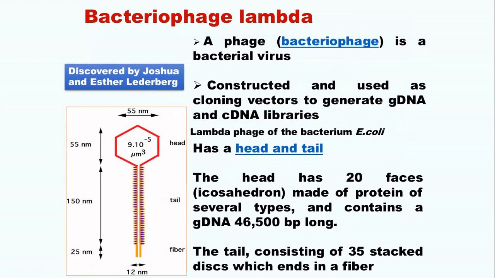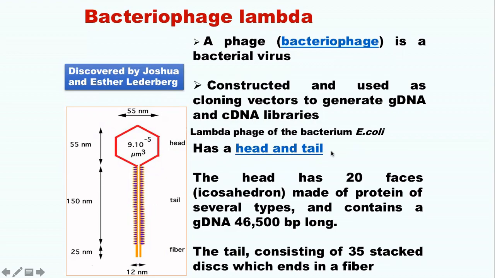Bacteriophages were first discovered by Joshua and Esther Lederberg, and they are mainly of 2 types, the lambda phages and the T phages. These are bacteriophages which infect E. coli, or Escherichia coli. Phages have a very complicated structure, one of the most complicated structures you can see in viruses. The structure comprises a head and a tail.